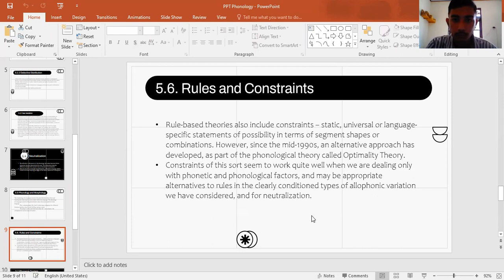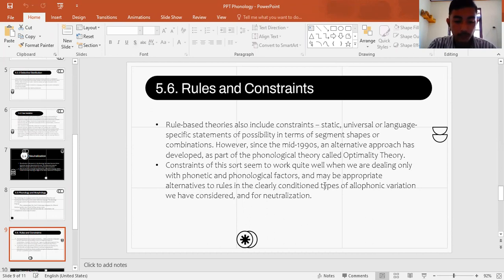Phonologists working in optimality theory do not write rules. They express all phonological generalizations using constraints, rather than saying that something else happens in a particular environment, which is what rules do.